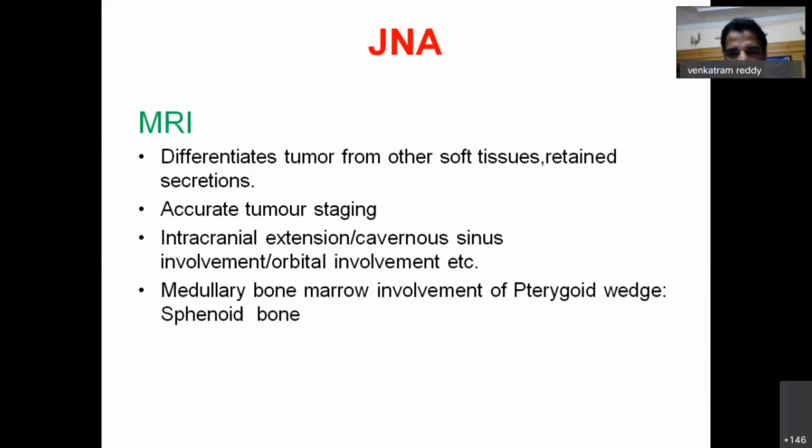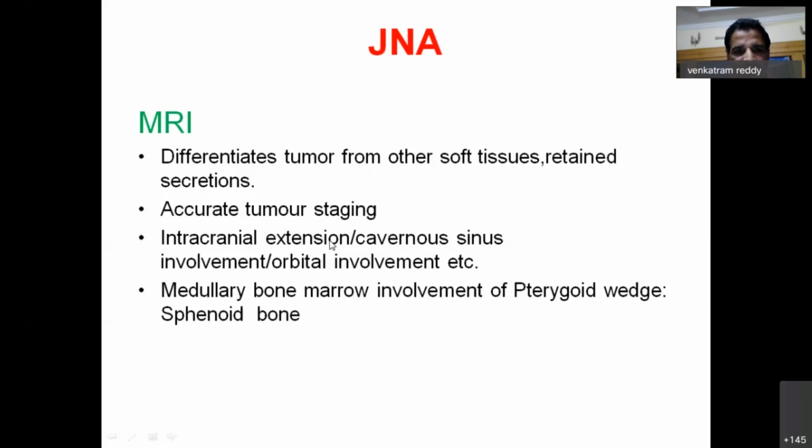But if you take MR, it can give the clear extent of the tumor, especially differentiating the soft tissues and retained secretions. The tumor appears smaller compared to the CT scan or CT contrast. So the MR, along with the CT scan, gives an accurate staging for a JNA.